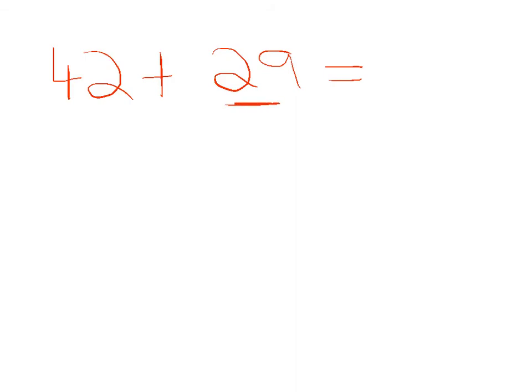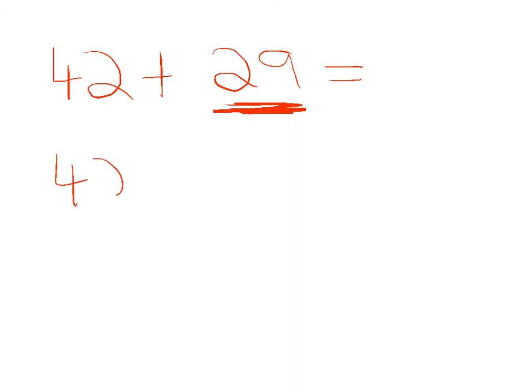If we were to have the problem this time of 42 plus 29, our first step is to change this number here, compensate, to make it a tidy number.